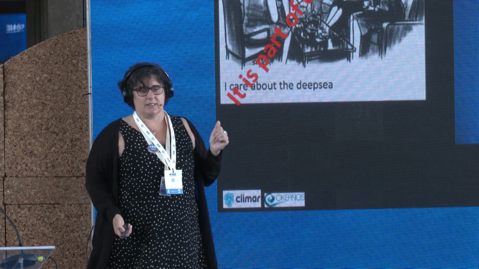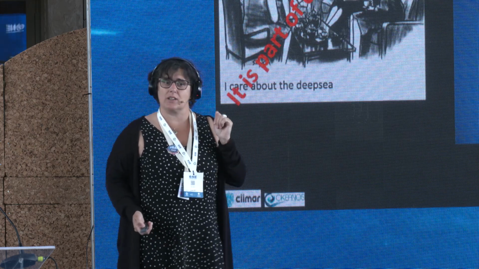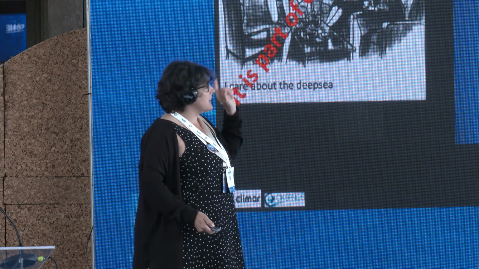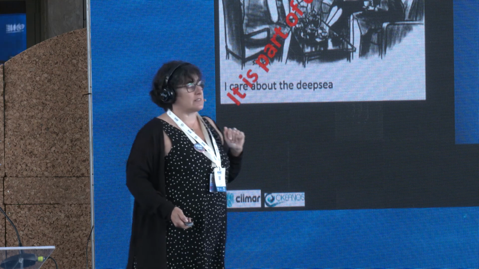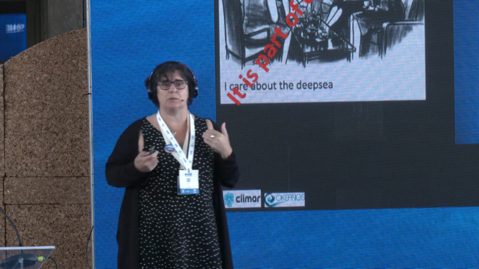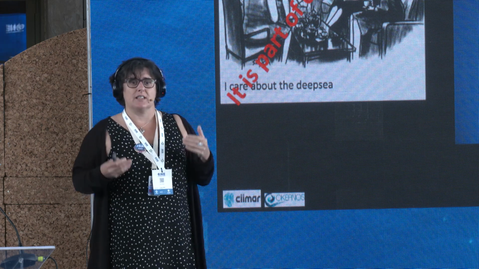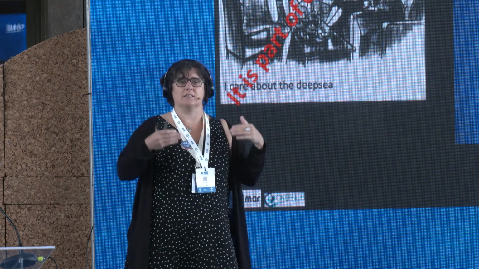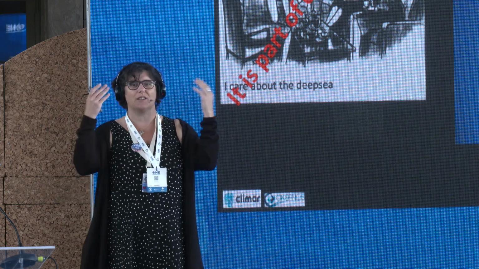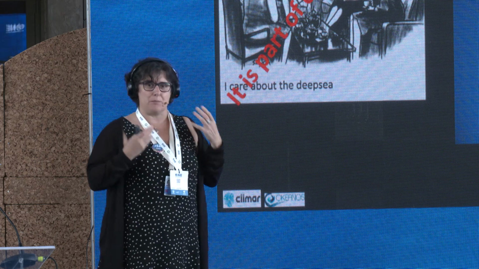So in conclusion, the deep sea is part of our daily lives because it gives nutrients for the phytoplankton that produces the oxygen that we breathe. It gives nutrients that this phytoplankton then feeds the sardines that we love to eat on our plates. So this is a really important service.